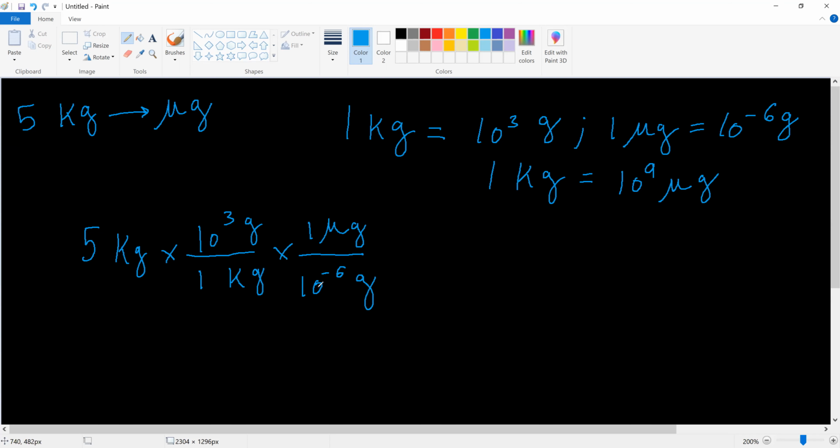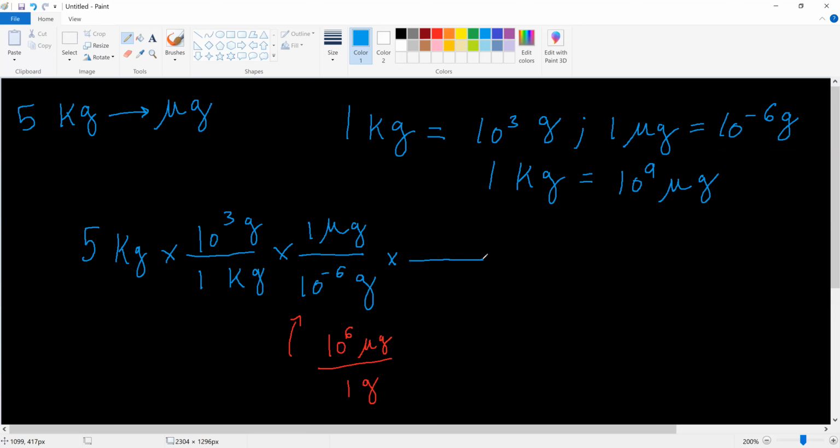You can also write 1 gram for every 10 to the 6 micrograms, but again, these are the same idea. Instead of writing it this way, we can simply say 10 to the 6 microgram over 1 gram. Because it's in the negative and it's in the denominator, it can actually go up to the top. But for this course, we're going to leave it like this.